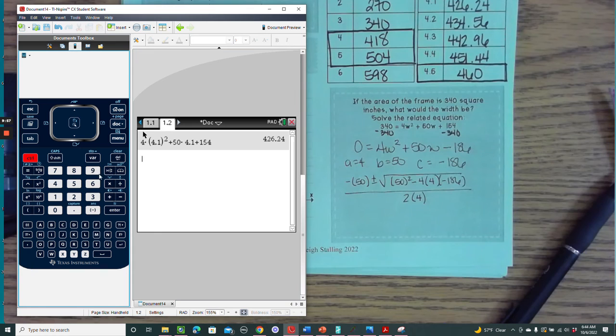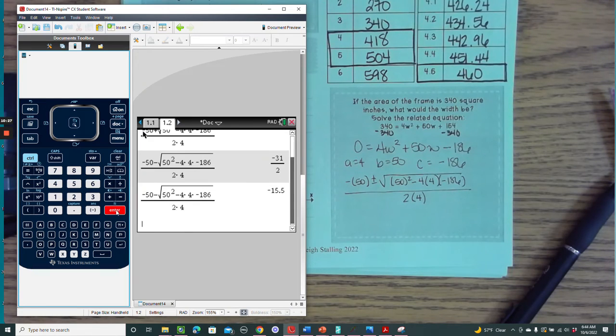I like to just type the whole thing in and change the plus or minus sign. So we've got negative 50 plus the square root of 50 squared minus 4 times 4 times negative 186, over 2 times 4, and then come back up here and change this plus sign to subtraction.